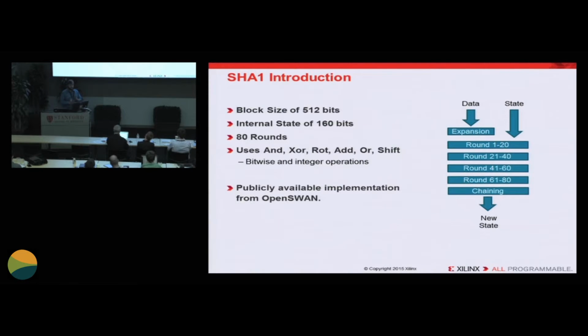It then processes it and spits back a new state. If you look at this algorithm, it's very cyclical. You have data coming in and a hash coming out every single cycle. There's 80 rounds total, and most of the operations are basic integer operations. The code we used is from OpenSWAN.